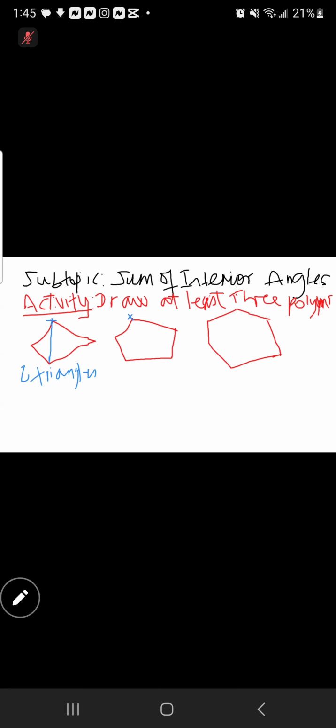So I go across this corner here. That's one. From the same vertex up the top, I'm going to come across here. That's one. I can't do any more. There's no other line I can put in to get any more triangles.